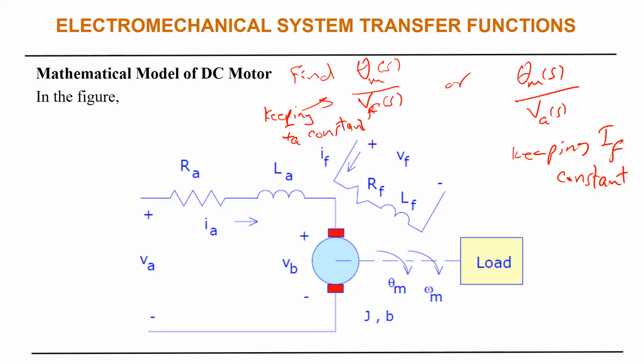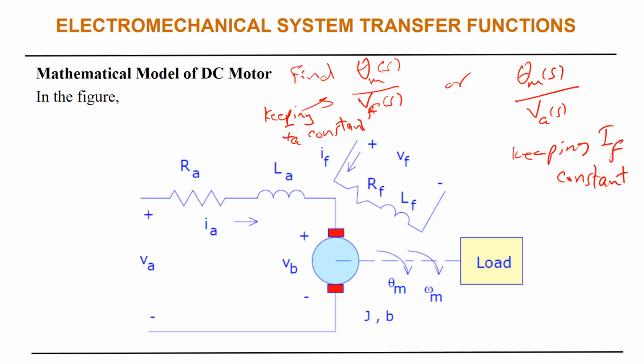Okay. Now, last time I think one of you asked me, I think Abdurrahman asked. Abdurrahman, did you ask about what's the difference between the two and where is the application for the two? No, someone different. Okay. Yes, why do I need field control or armature control? What's the difference between the two in the application?